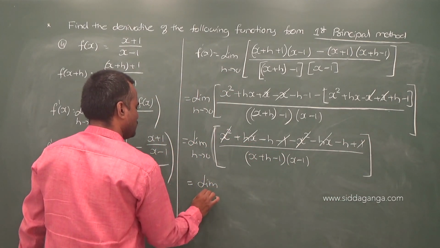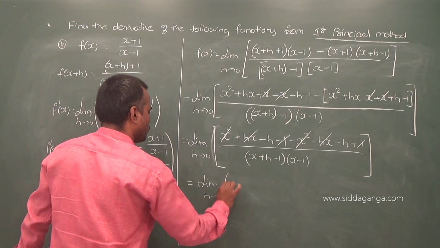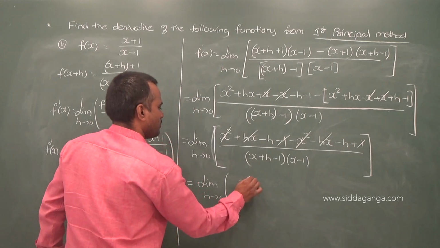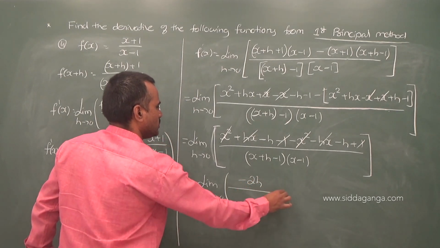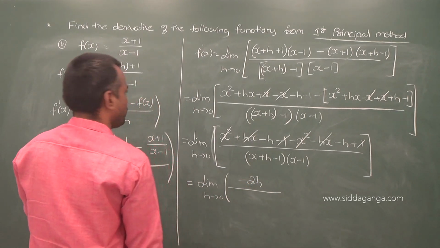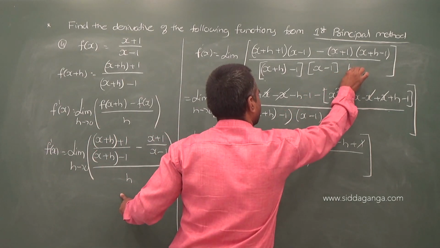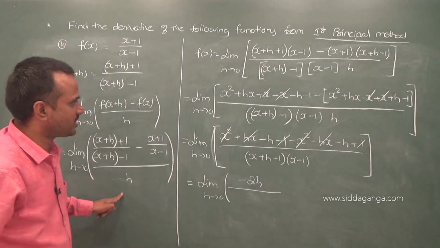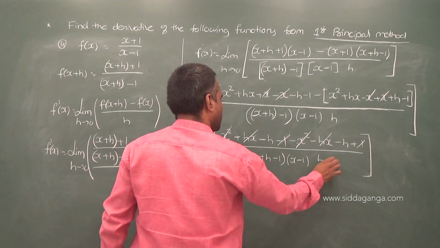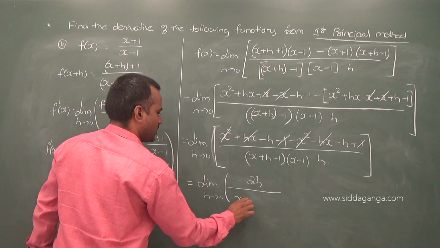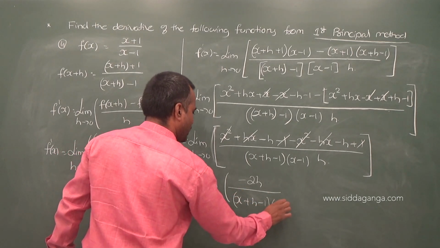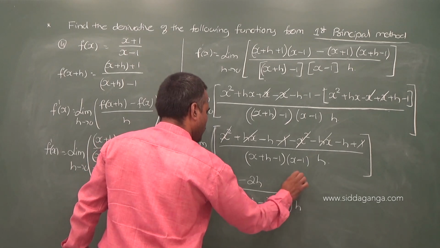Limit h tends to 0, minus h minus 2h divided by (x plus h minus 1)(x minus 1) into h.